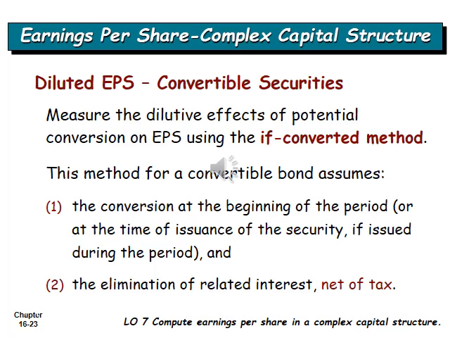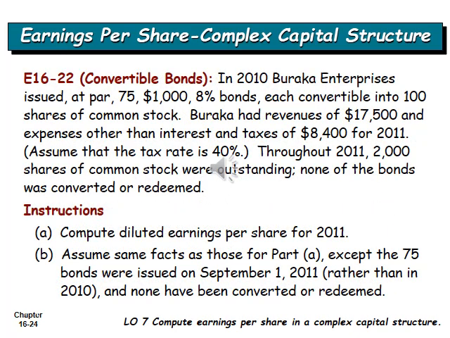Let's take this example. In 2010, the company issued at par value $1,000 per 8% bonds, each convertible into 100 shares of common stock.